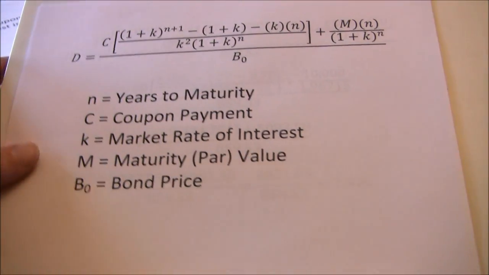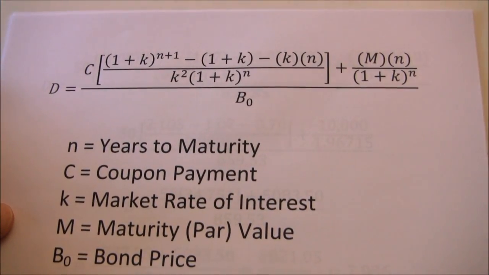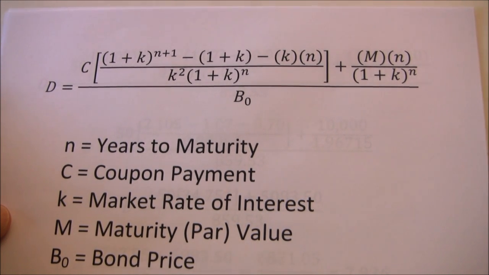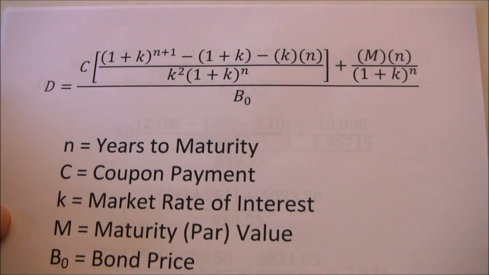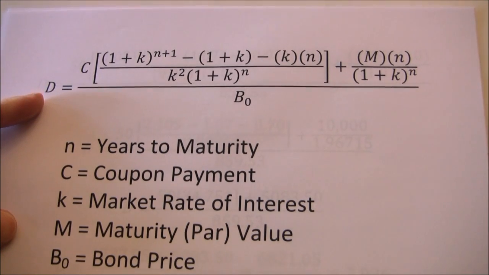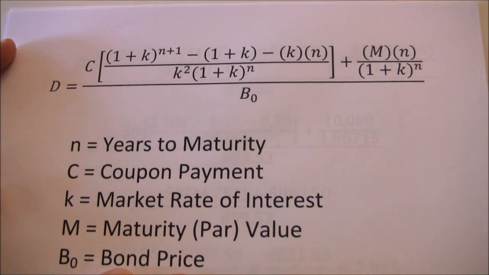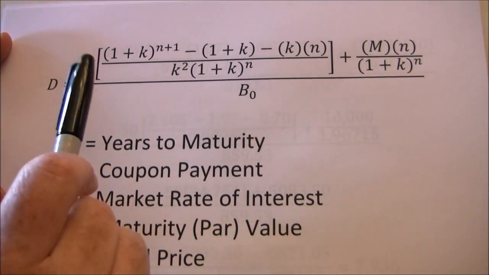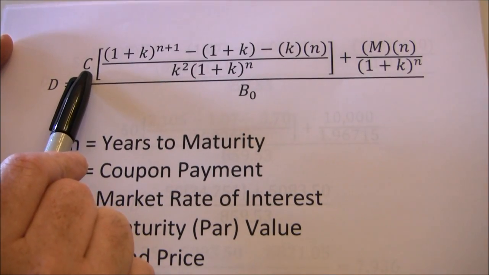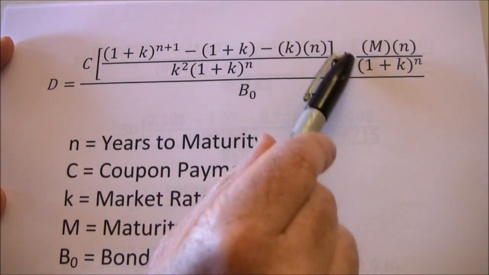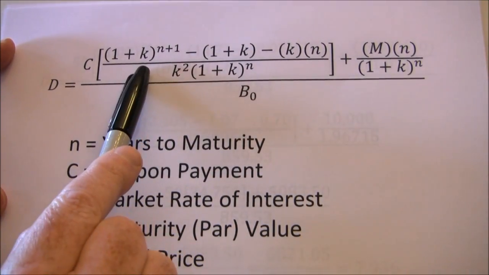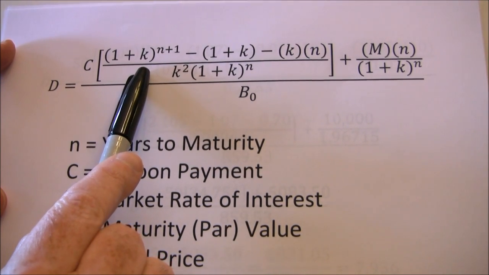So oftentimes I use another approach to calculate duration. This one looks a little bit messier when you look at the formula, but actually it works a little bit easier for longer term bonds. And for this, we start with the coupon payment. We've got a bunch of things dealing with discount rate and the number of years to maturity.